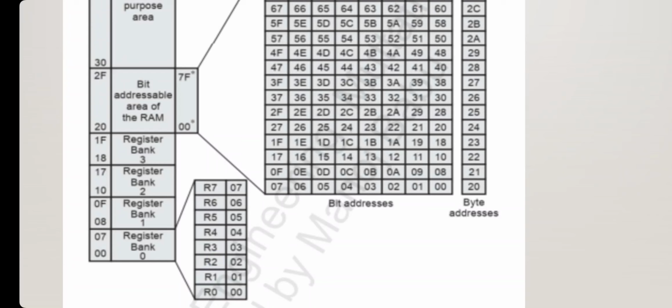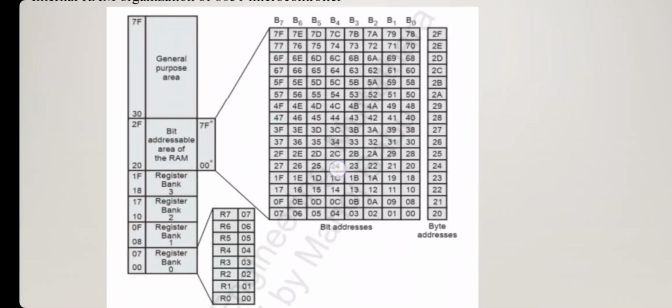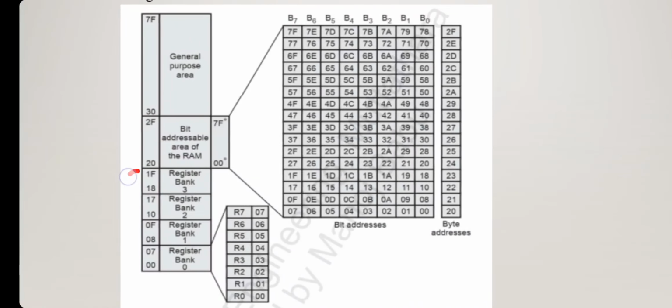Register bank 1 also has 8 byte size. Among the 128 byte, 32 byte are taken by the register banks: 8 byte, 8 byte, 8 byte, 8 byte, so 8 into 4 is 32.